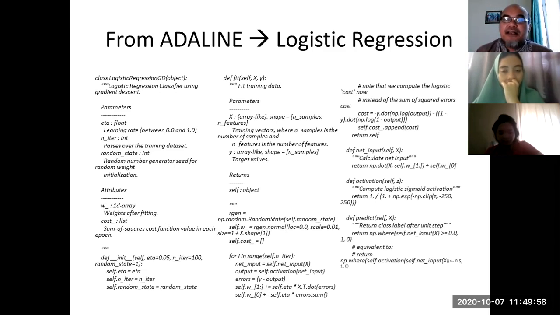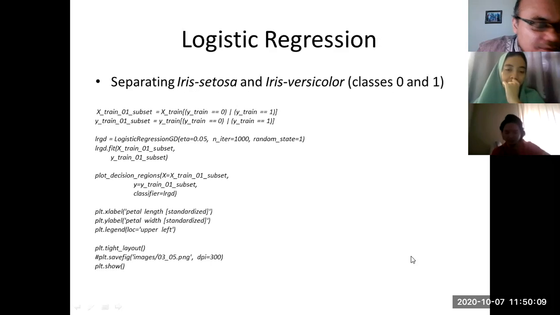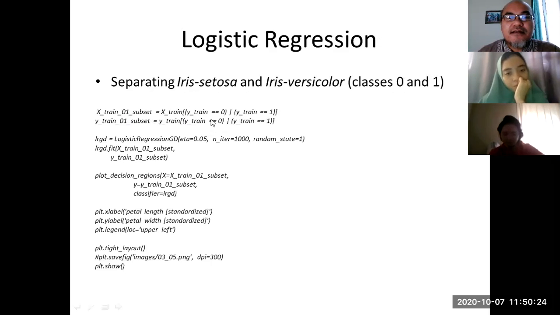Yes, so this is binary classification similar to Perceptron. For example, here when we want to separate between iris setosa and iris versicolor, setosa we assign as class 0 and versicolor we assign as class 1. So X_train_01_subset. We put the data set here into X train and y train, the class.